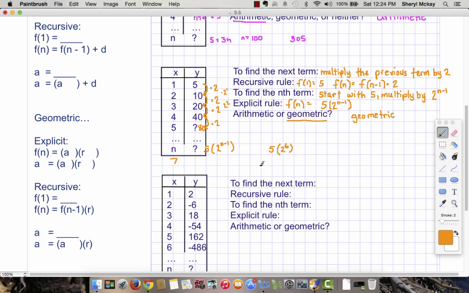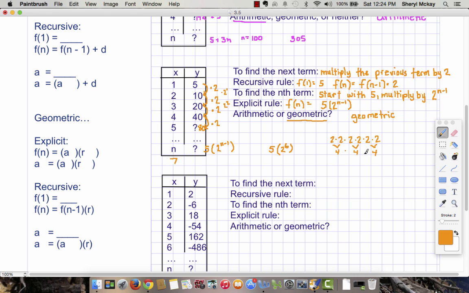So 2 to the 6th power is going to be, let's see, 2 times 2 times 2 times 2 times 2 times 2. Is that 6 of them? 1, 2, 3, 4, 5, 6. So this becomes 4, and we'll make this be 4, and this be 4.